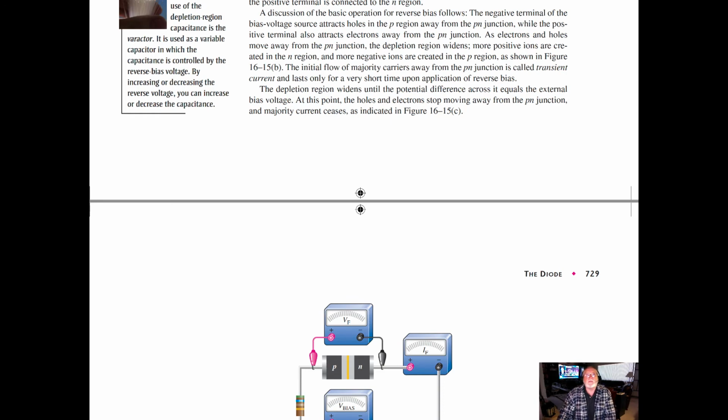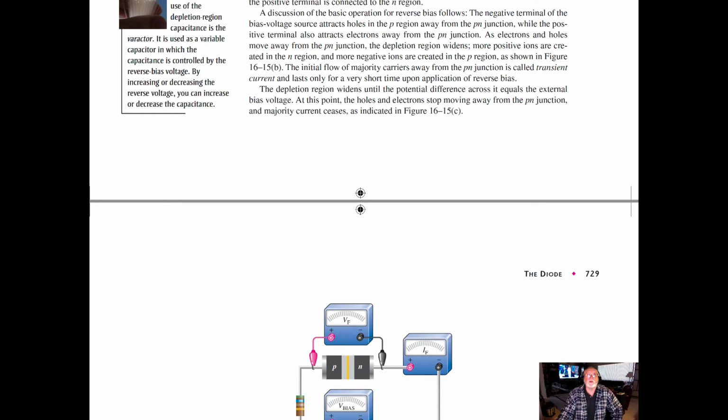A discussion of the basic operation then shows that the initial flow of majority carriers away from the PN junction is called transient current and lasts only for a short time upon application of the reverse bias. The depletion region widens until the potential difference across it equals the external bias voltage. At this point, the holes and electrons stop moving away from the PN junction.